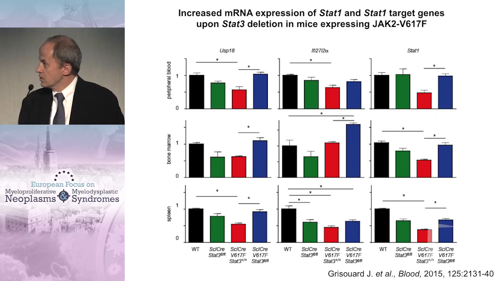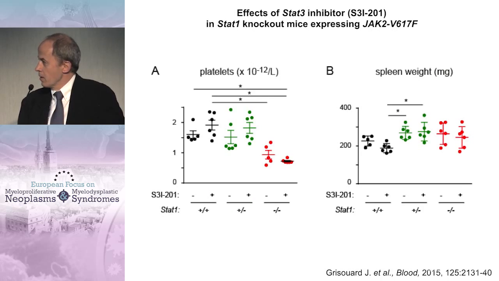The target genes were affected by the absence of STAT3, and interestingly, one of the genes that was upregulated was STAT1, between presence of STAT3 and absence of STAT3. So it seems that as a compensatory mechanism, STAT1 is slightly upregulated. And that suggests that the effect on platelets that we see may be mediated through STAT1.